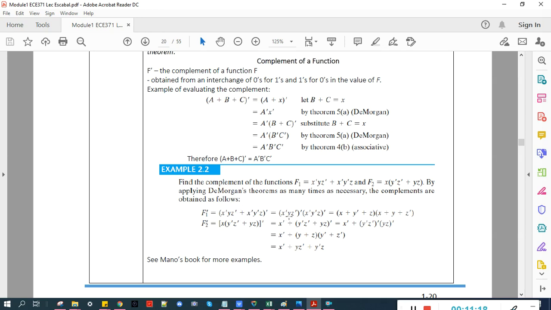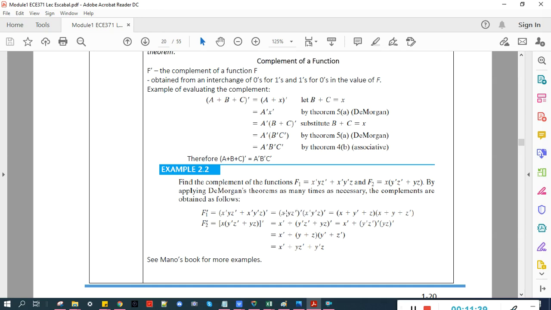So instead of OR, we put AND here, and then we complement each term. So x prime y z prime, we complement that, and then x prime y prime z, we complement that. This is the resulting expression, and then we simplify using De Morgan again.